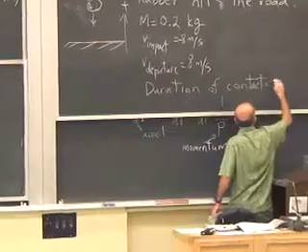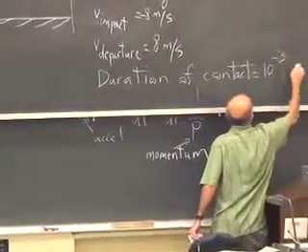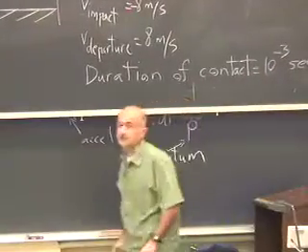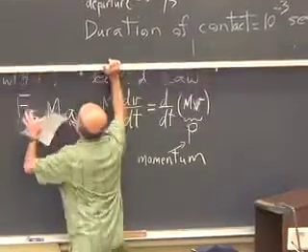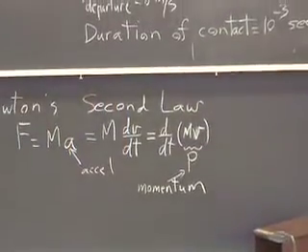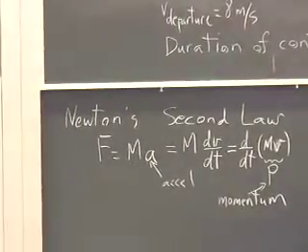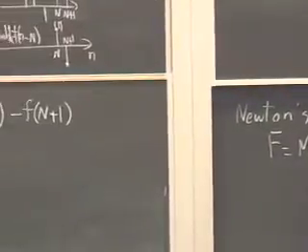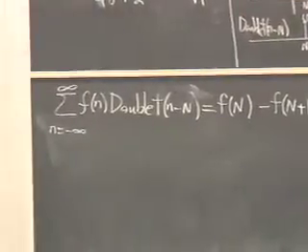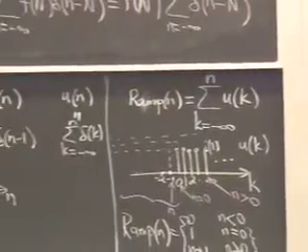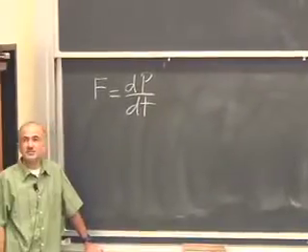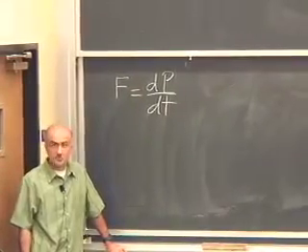Let's say it's a millisecond. Okay, so now I have an equation that relates force to the derivative of the momentum. This is all review from your basic physics class, in fact, from high school.